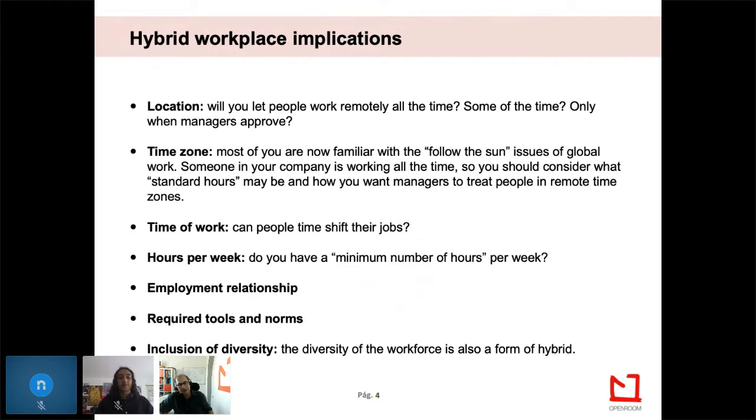Even the inclusion of diversity is part of these new rules that companies are getting into.